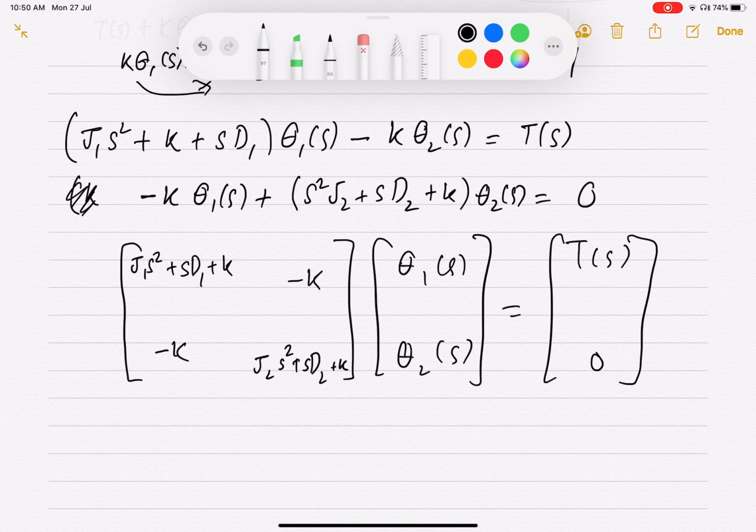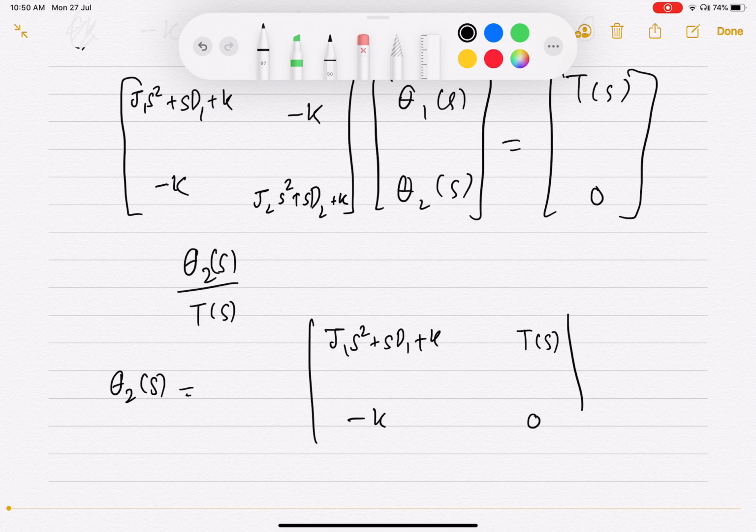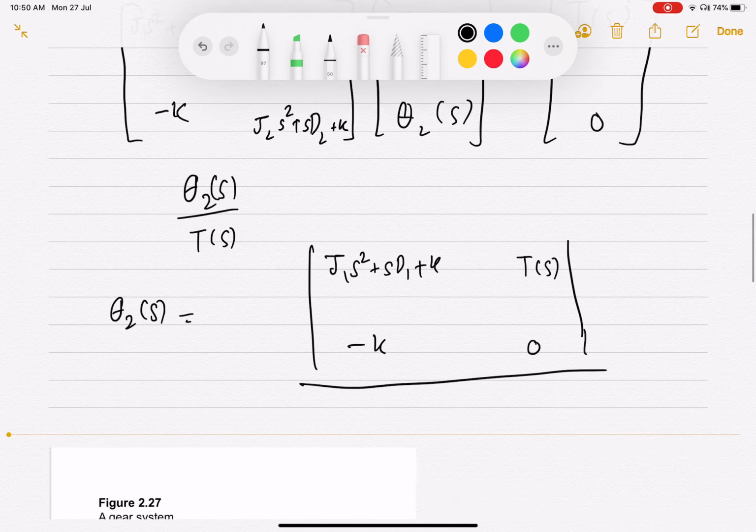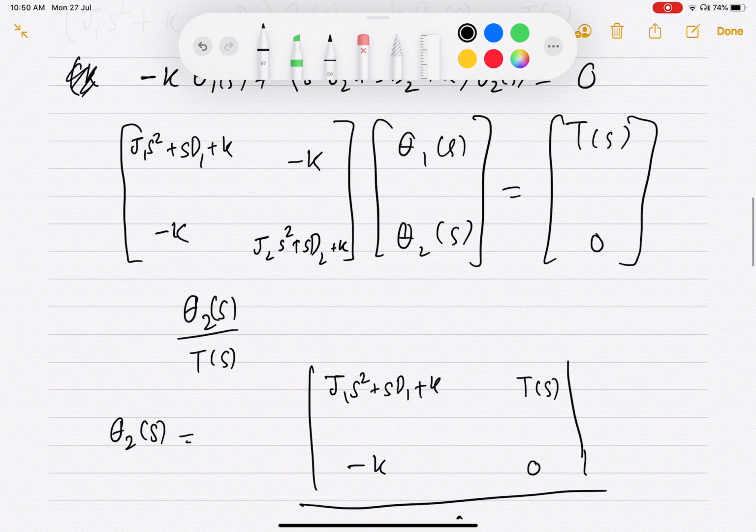Suppose you want to find theta 2(s) by T(s). You can find theta 2(s) using Cramer's rule from this. Theta 2(s) is going to be the determinant J1 s squared plus s D1 plus K, minus K, with the second column replaced by T(s), 0, divided by the actual determinant delta of this matrix.